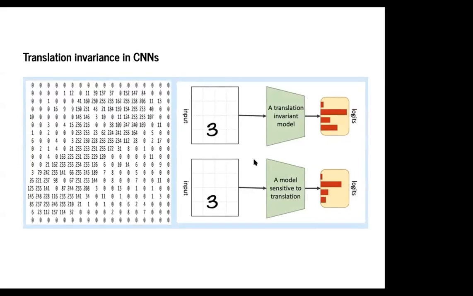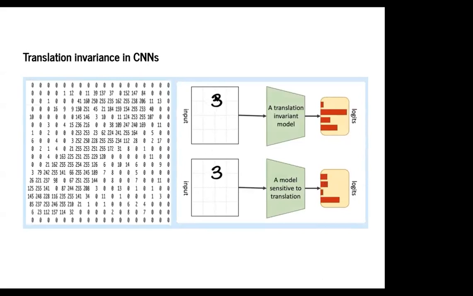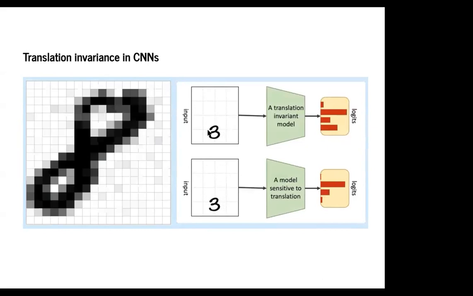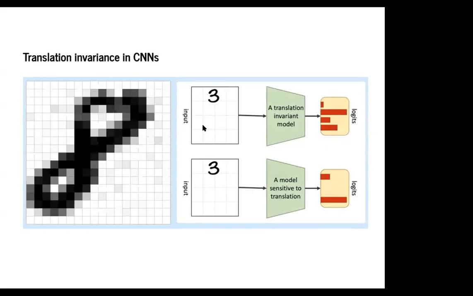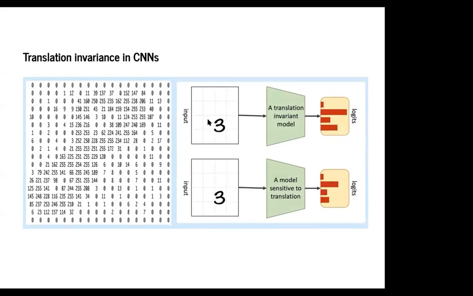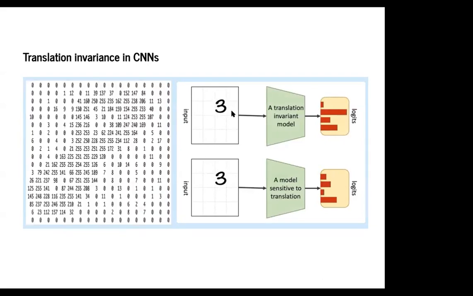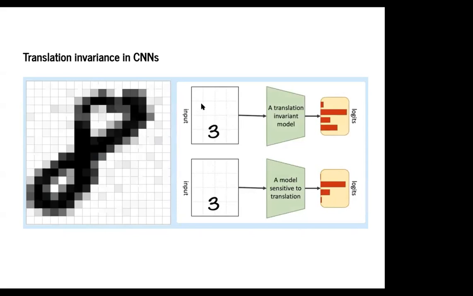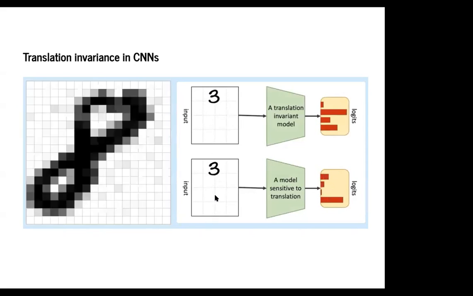Imagine a situation where you have, in this case, a digit. You want to be able to recognize this digit, and we want our model to react identically to the same input, regardless of where it happens to be inside the input.